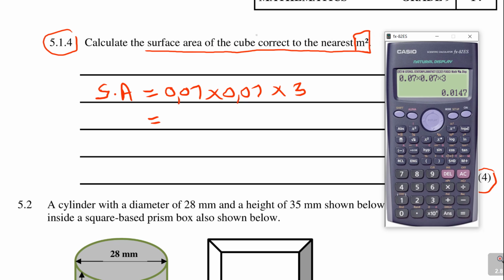Now they say calculate the surface area of the cube to the nearest meter squared, to the nearest meter. Now in this question here, they were a bit tricky because the nearest meter, it's more like you have to round off. You see, correct to the nearest meter, you have to round off.